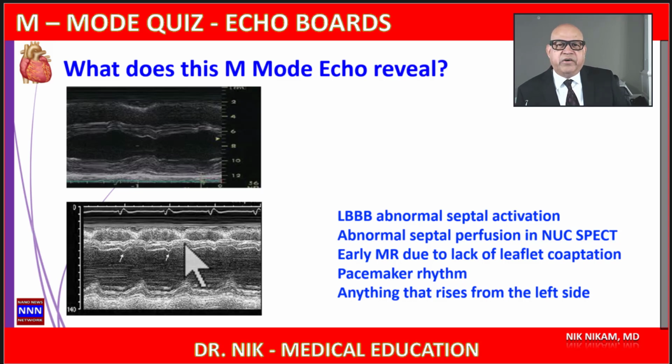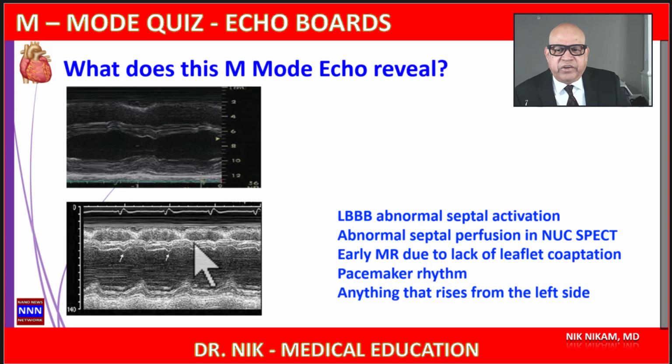What is causing this paradoxical septal motion? Well, if you look at the electrocardiogram, the wide QRS complex should be a tip-off that you may be dealing with the left bundle branch block, which could be causing paradoxical septal motion. However, the paradoxical septal motion is not characteristic of just left bundle branch block. It simply means the paradoxical septal motion is an indication of the abnormal sequence of activation of the left ventricle itself.